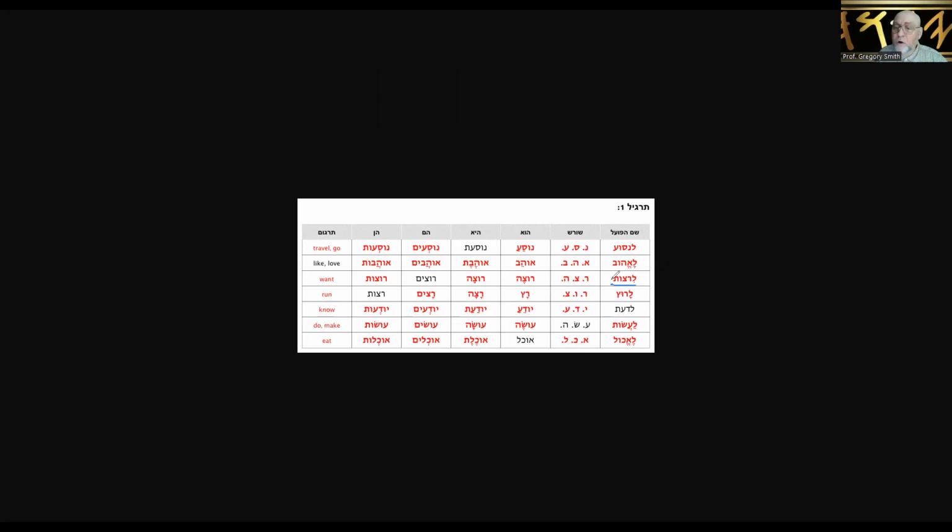That means to want. Here's your shoresh, the resh tzadi hey. The hu rotzeh means he wants. He rotzah, she wants. Hem rotzim, they want, masculine or mixed plural. Hen rotzot, they want, feminine plural. And here's the tirgum, want.